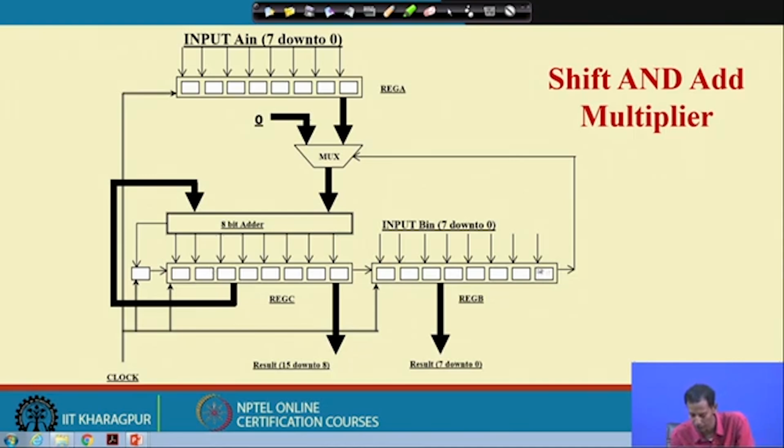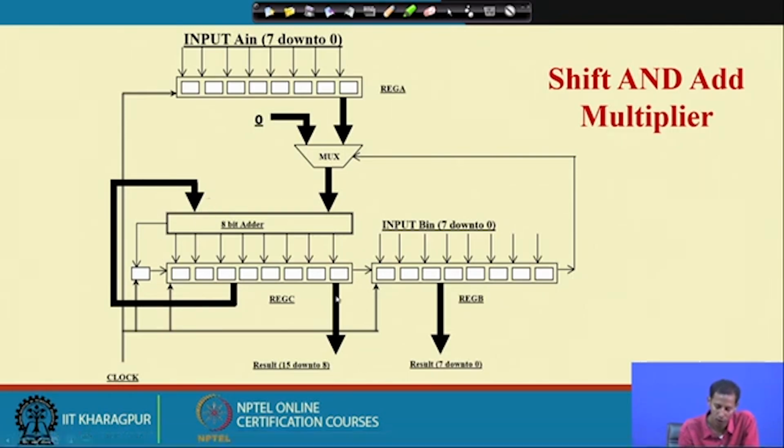That means this bit is 0, so that will come over here and it will choose 0 instead of A. Then 0 is the one input and it is connected to the feedback. So now 0 plus 0, and this 0 will be stored over here.